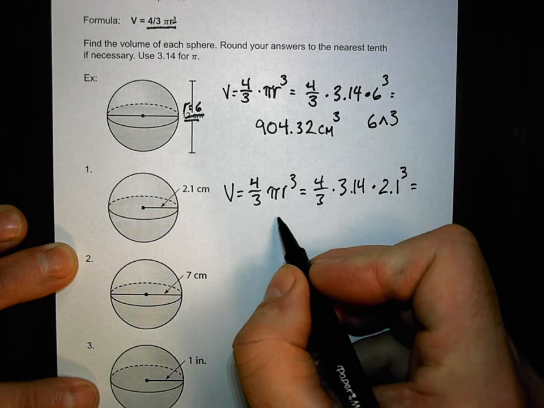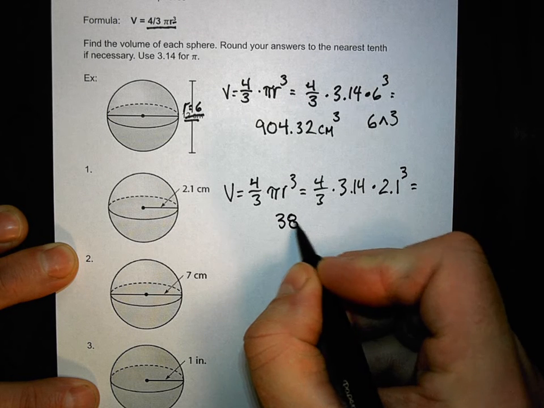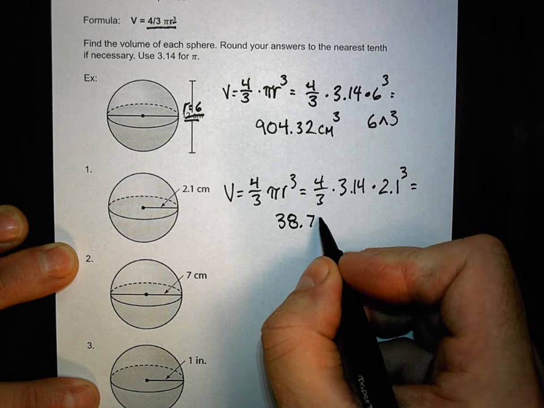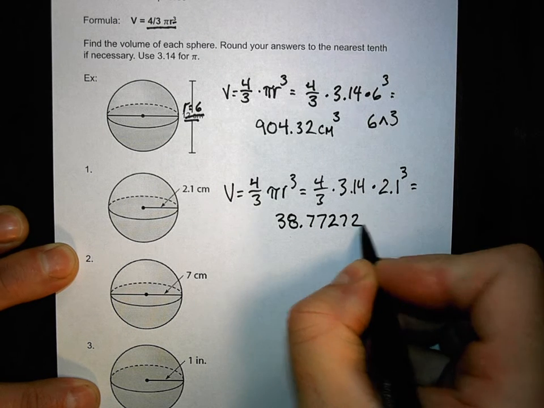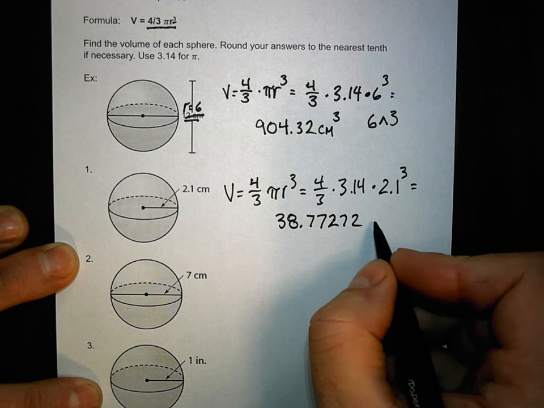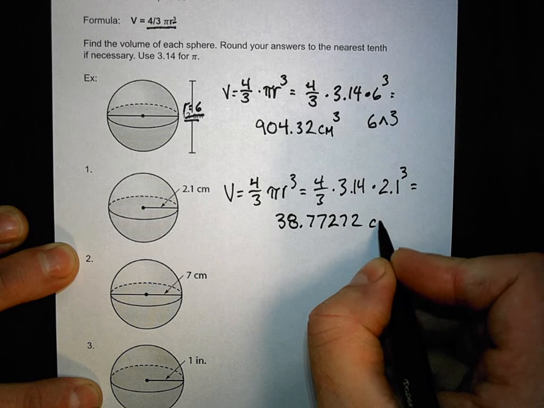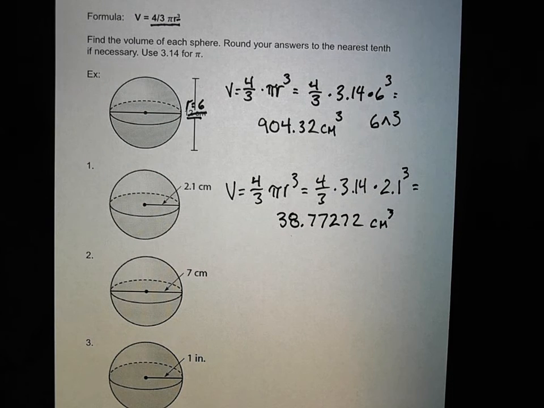And it equals 38.77272, and it's centimeters cubed. Then it can be rounded. We're going to do that here in a second. Rounding seems to be one of those things that is tough for a lot of people in this class, so we're going to do it as a sub-lesson as part of this. It's not a bad thing, it happens.